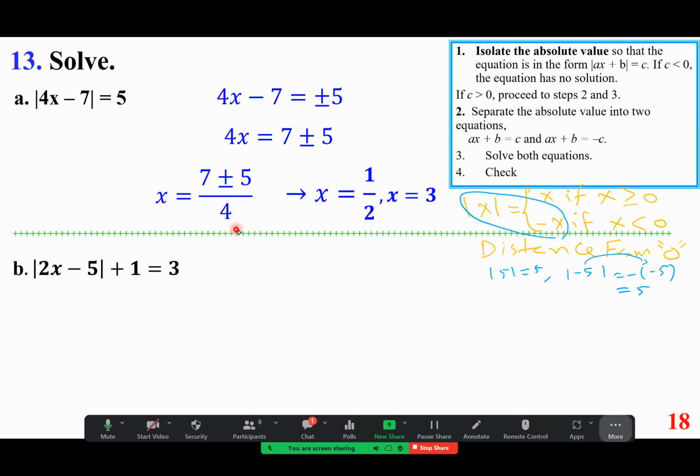So I hope you can see that. I can quickly show you this can give you 7 minus 5 over 4, which is 2 over 4, which is 1/2. 7 plus 5 over 4, which is 12 over 4, which is number 3.